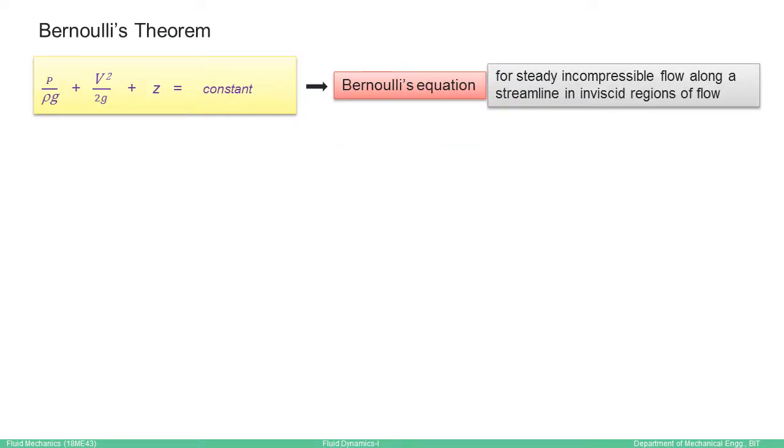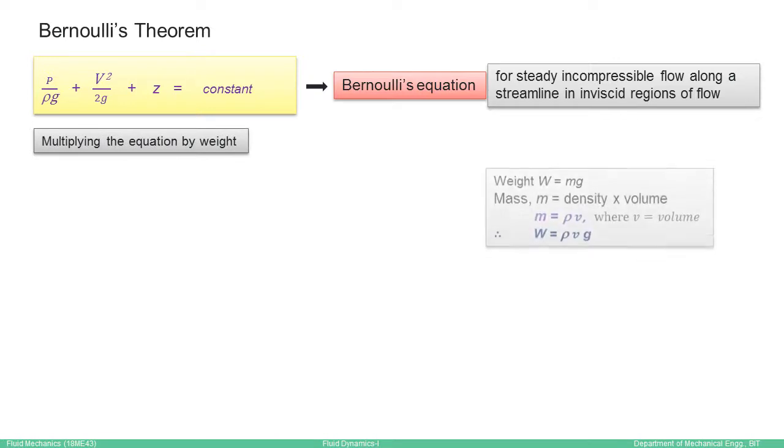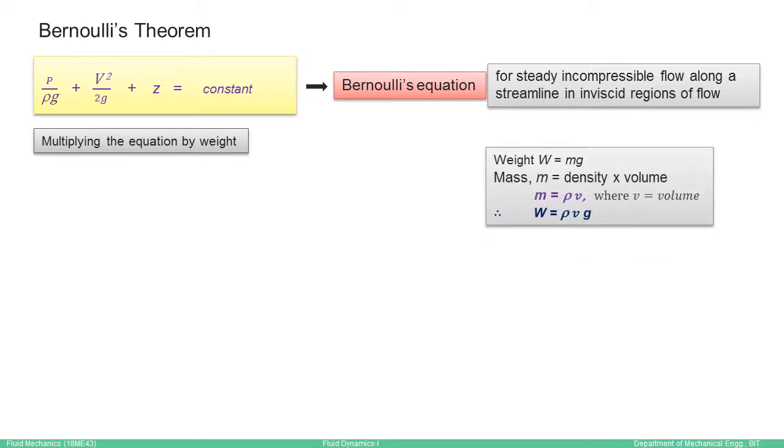So now we want to have the statement of Bernoulli's theorem understood properly. So we'll recall Bernoulli's equation for steady incompressible flow along a streamline in inviscid regions, that is for a non-viscous flow. Now multiplying this whole equation by weight, weight is mass into acceleration due to gravity, and mass is density multiplied by volume.